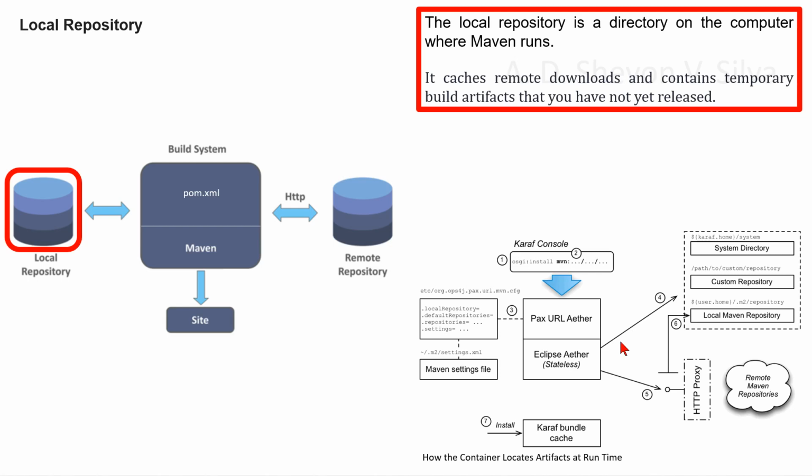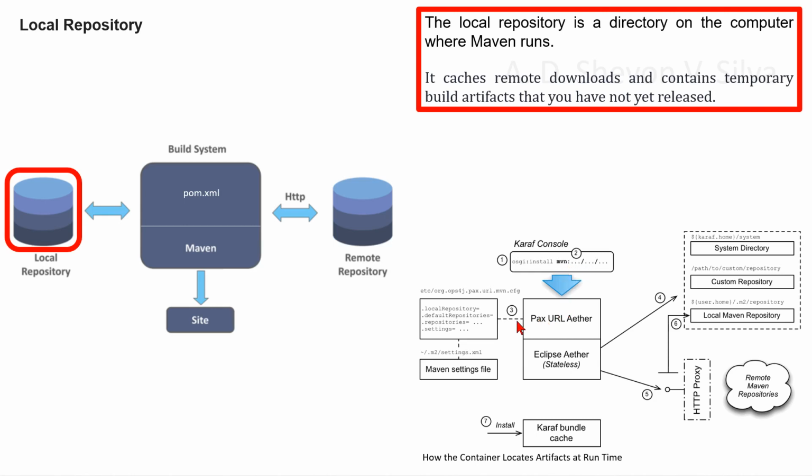The steps followed to locate required Maven artifacts are: the resolution of a Maven artifact is triggered when a user invokes the osgi:install command on a Maven URL, or if a user invokes the features:install command on a feature that references some Maven URLs. To resolve the Maven URL, the JVM calls back on the protocol handler registered against the Maven scheme, which happens to be the pax-url-aether component.